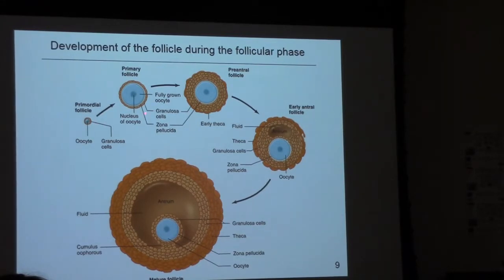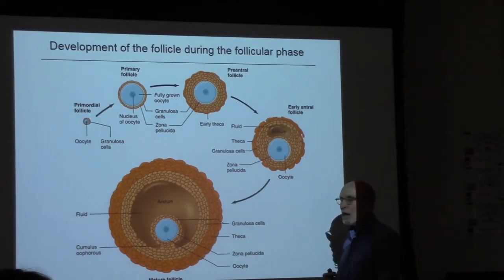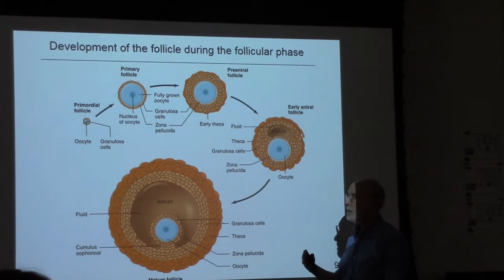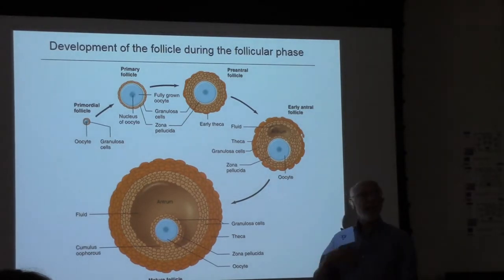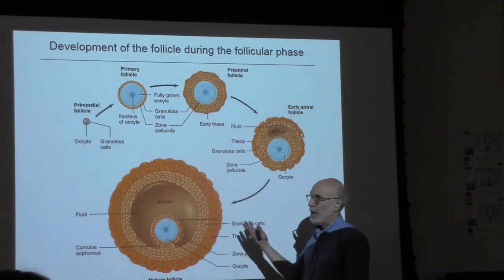The primary follicle with the developed oocyte, with the zona pellucida separating the oocyte from the granulosa cells, the oocyte, zona pellucida, granulosa cells, and theca cells developing, the oocyte, zona pellucida, granulosa, a fluid-filled antrum, and a layer of theca, and finally the mature follicle, this is the dominant mature follicle, ready to undergo ovulation.